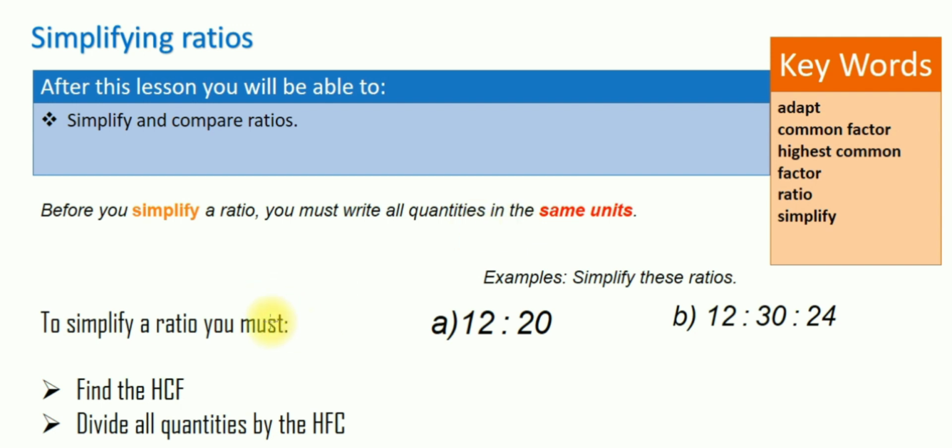And to simplify ratios you just need to follow two simple steps. The first step is to find the value of the highest common factor, and then you divide all the quantities by the highest common factor. Okay, so let's solve one example to understand how it works.